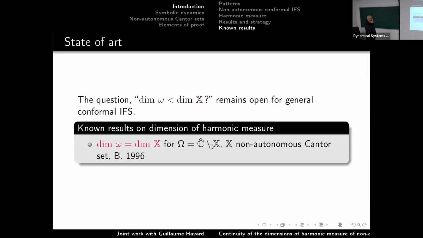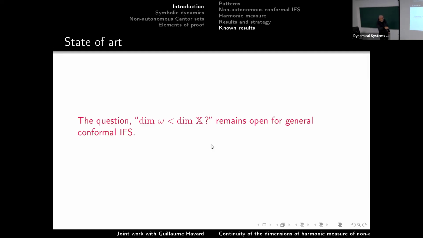Now, there was some kind of early conjecture at the time saying that whenever we have a disconnected set of small dimensions, necessarily we have this dimension drop between dimension of omega and dimension x as before.